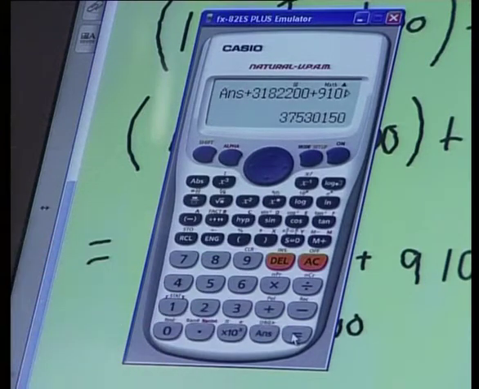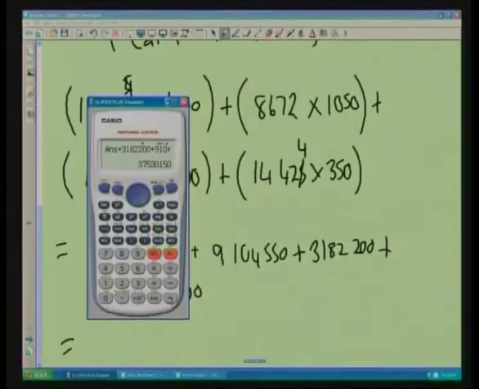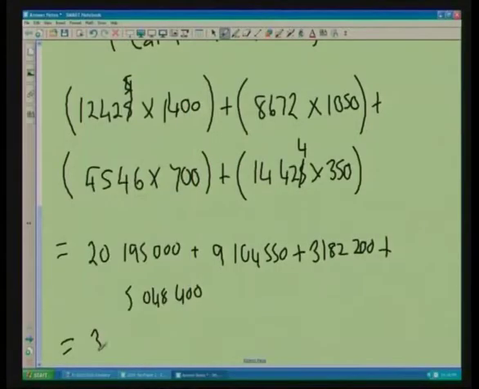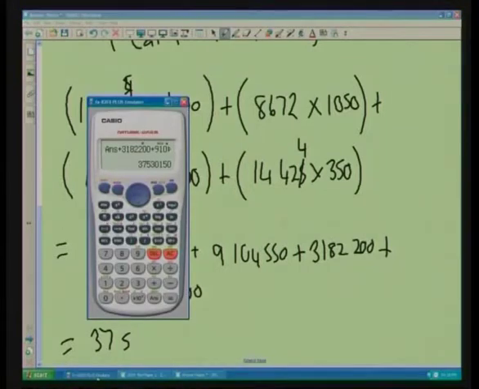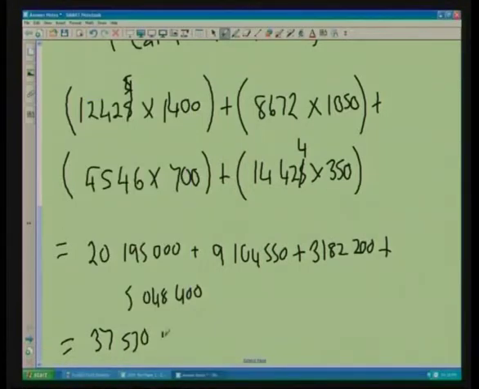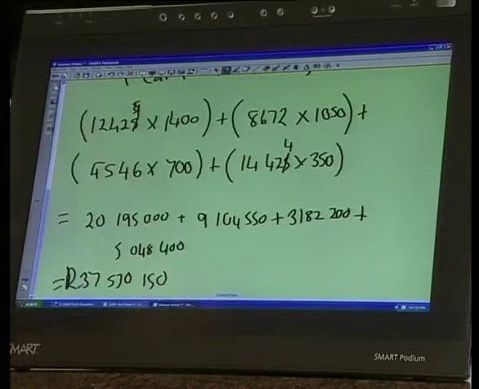And our total income here will be 37,530,150. Let's copy it down correctly, 37,530,150. And of course, remember, don't forget your units at the end. We must put in the Rand sign.